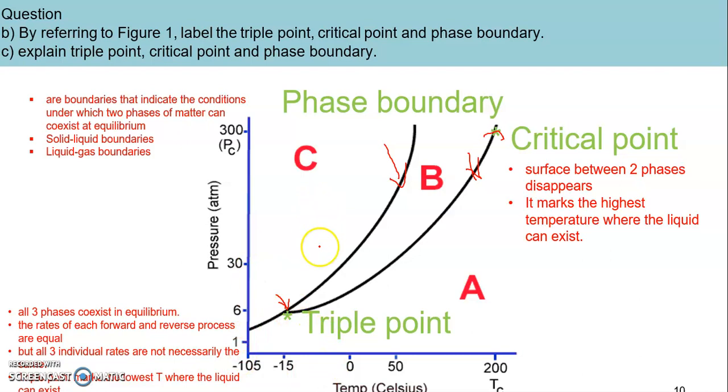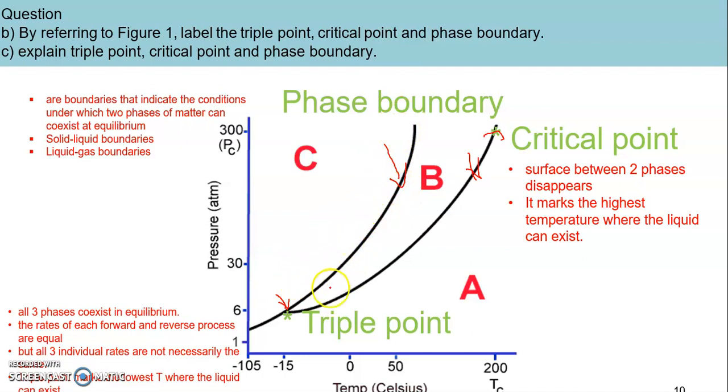And the triple point also indicates the lowest temperature where the liquid can exist. And phase boundaries indicate the conditions under which two phases of matter can exist at equilibrium.